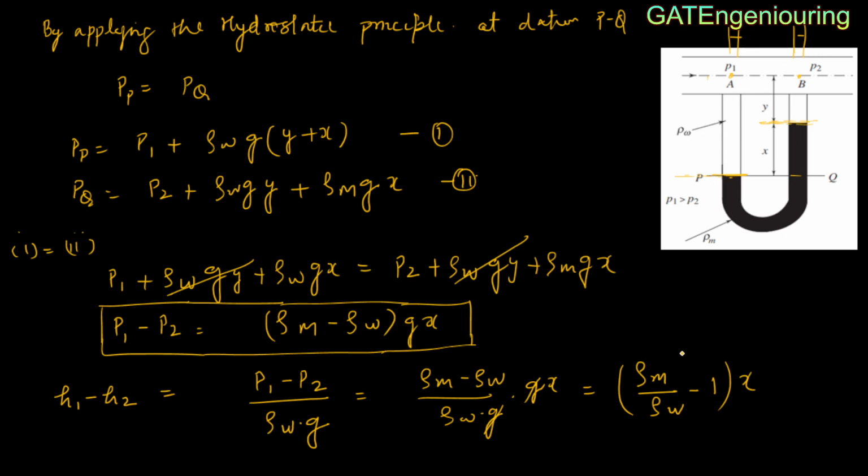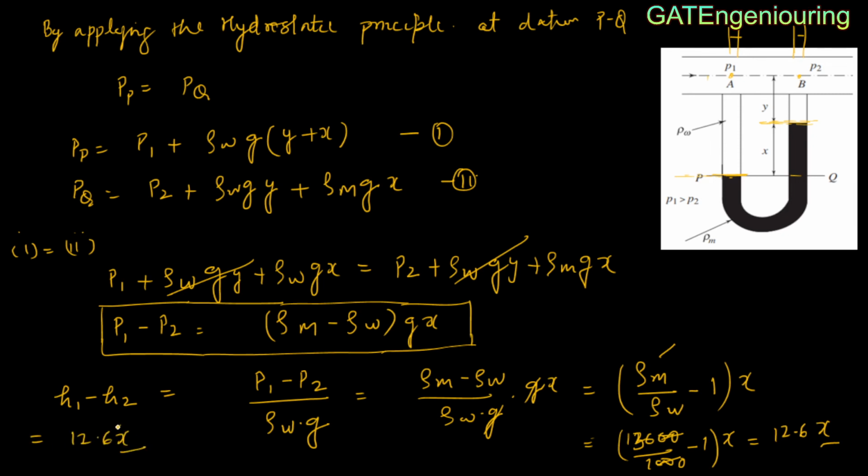And normally in manometers, if manometric fluid is mercury and working fluid is water, then if we put the densities here, it is (13,600 upon 1000 minus 1) into x, which is equal to 12.6 into x. So h1 minus h2 is equal to 12.6 into x.